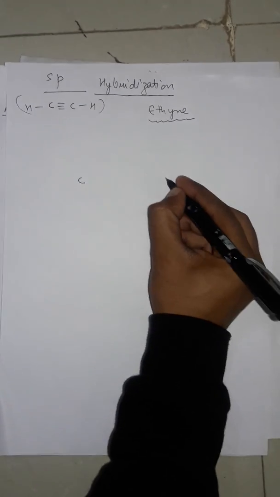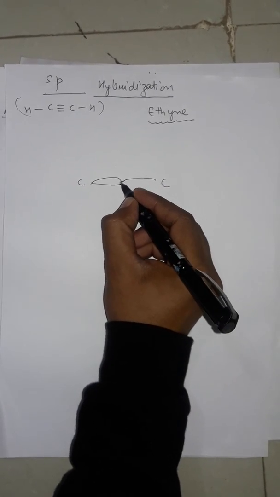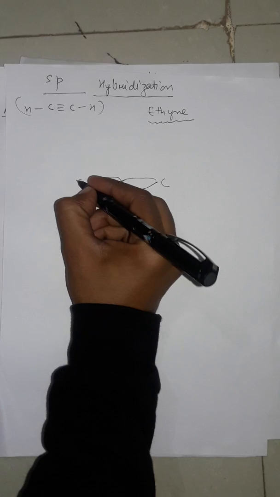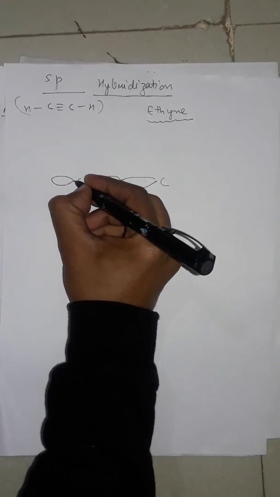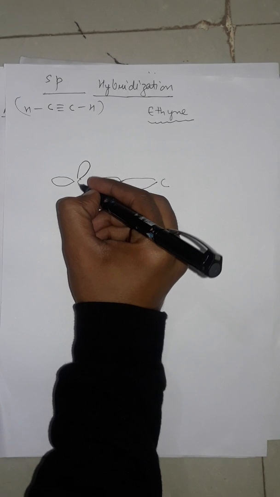So what happens here? Here two of the orbitals remain unhybridized and the rest of the concepts are the same. So this is a carbon atom, this is a carbon atom. This is s, this is p.